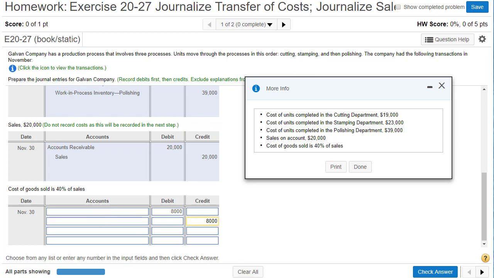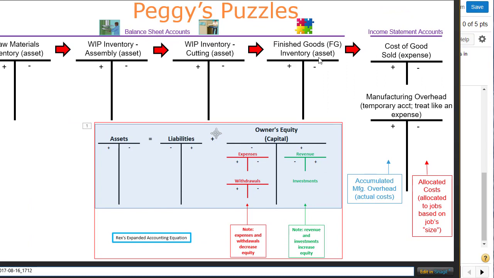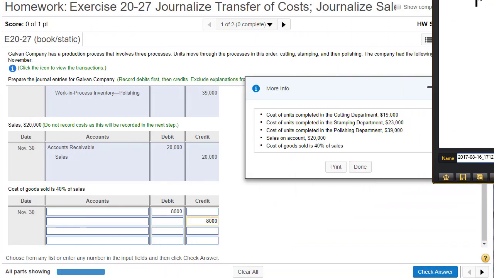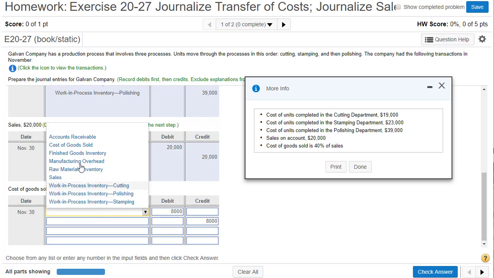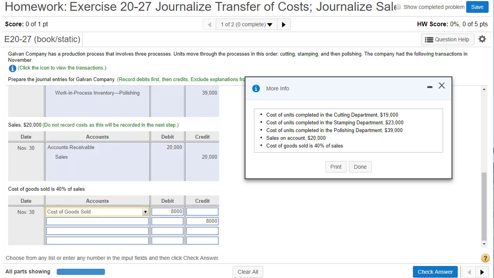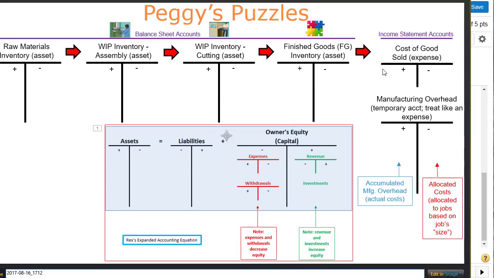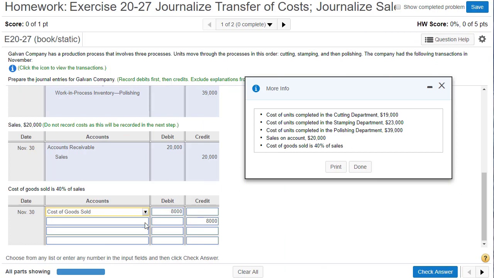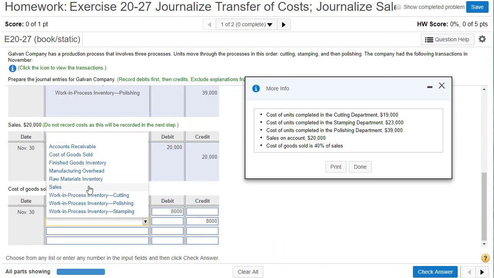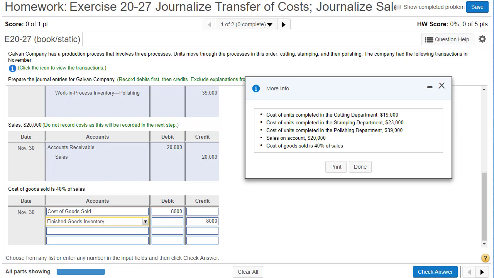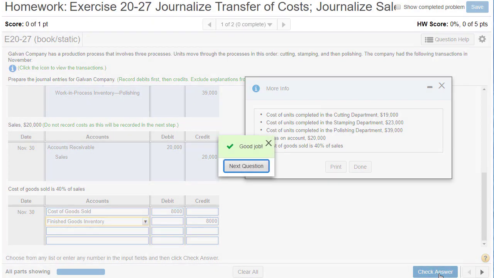Remember, when the goods leave finished goods, they're going to go to cost of goods sold, and the expense increases with the debit. So the debit is COGS. And where are those finished goods leaving? They're leaving the finished goods inventory. So finished goods is a credit. And that's it.